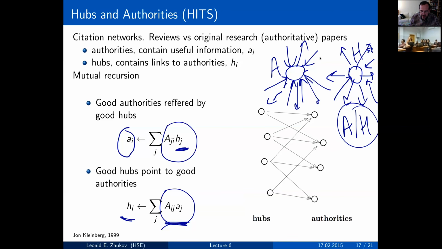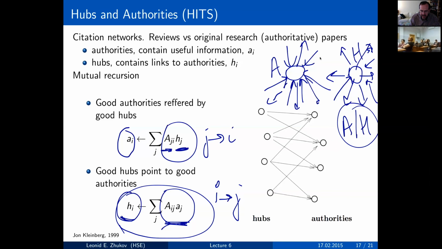So the indices here, J I, so it's J points to I. Okay. This here is written sort of in inverted fashion. Again, now we're talking about I pointing to J. This is a connectivity, A_ij. And so this is hubs pointing again to authority papers, but it's written in terms of hubs.